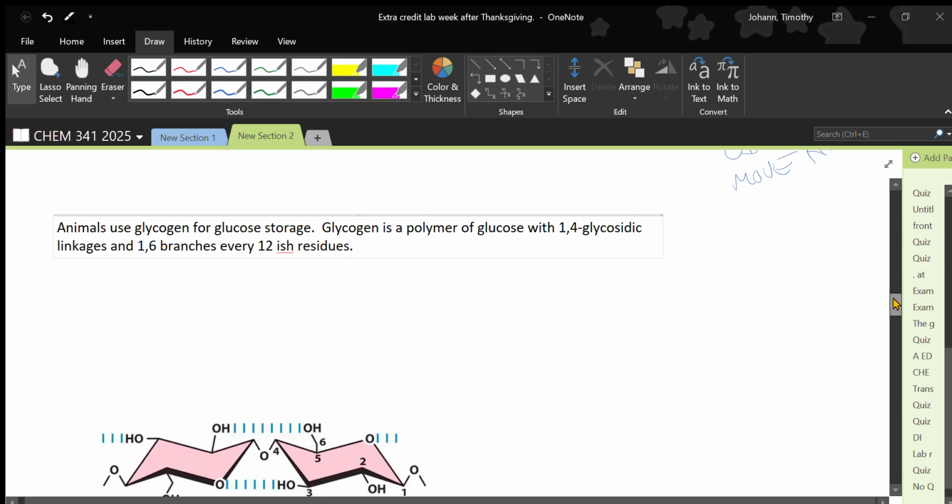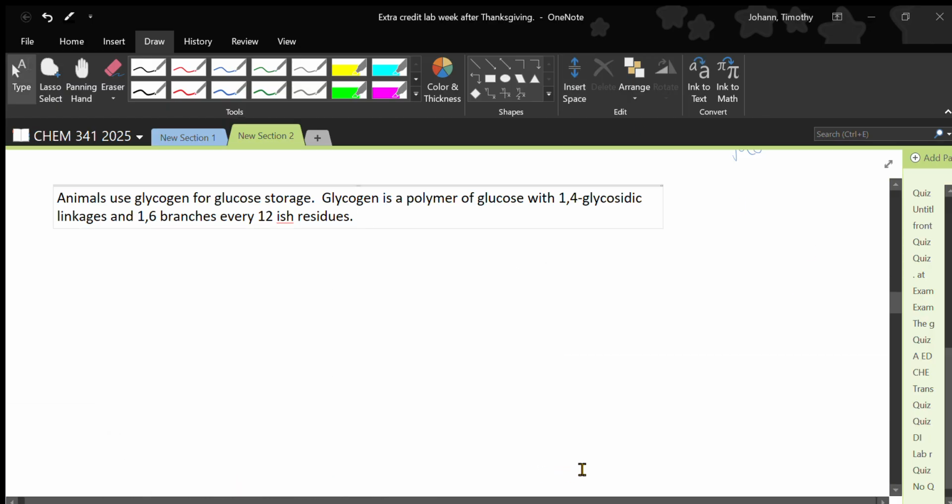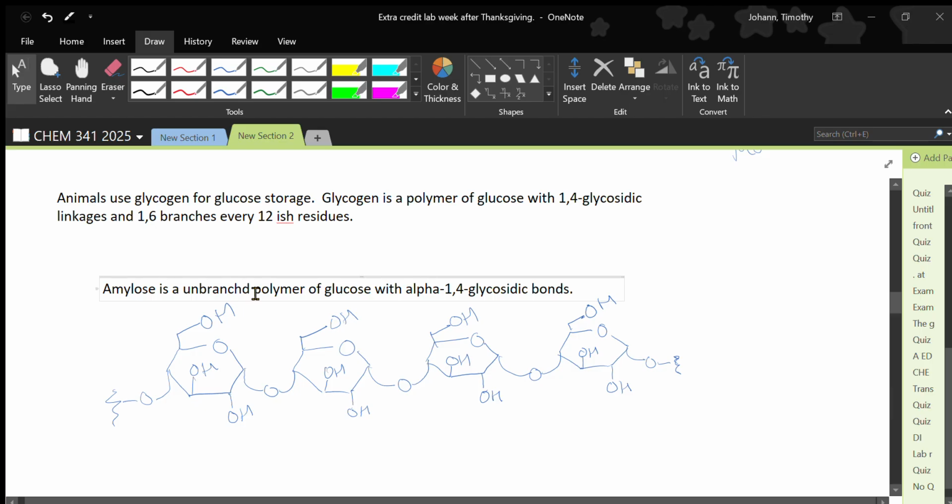If you had to draw a picture of a structure for glycogen, essentially it would look the same as the structure for amylopectin up above. Oh wait, I have to draw part of it still. Oh well, I can do that.